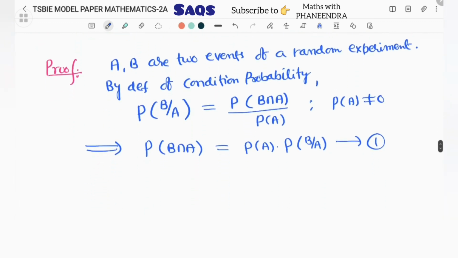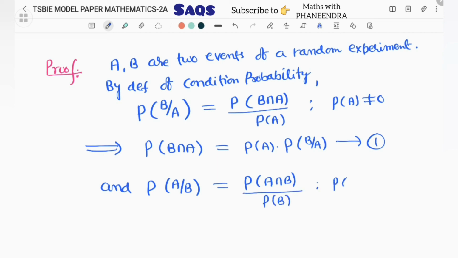Again by another definition, P of A given B is equal to P of A intersection B by P of B. So P of B is not equal to 0. So cross multiply, P of A intersection B is equal to P of B into P of A given B.